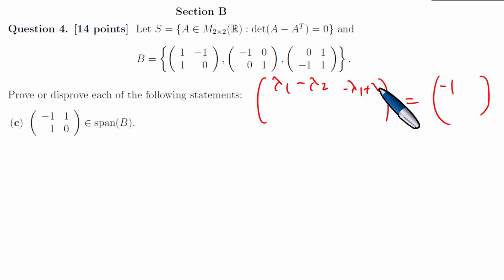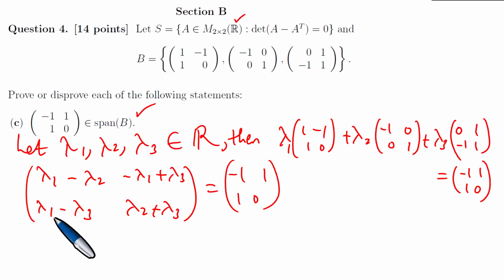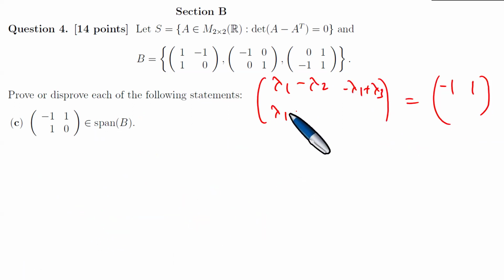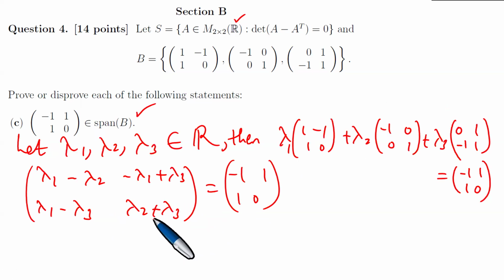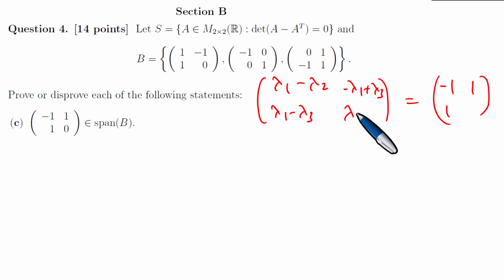So lambda 1 minus lambda 3 equals 1. Lambda 2 plus lambda 3 equals 0. What is the meaning of this?